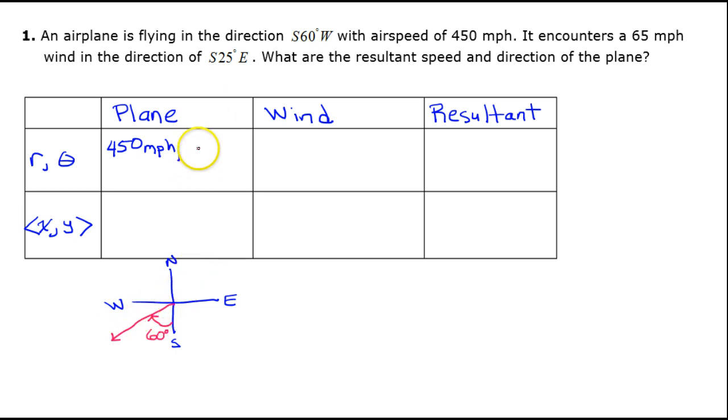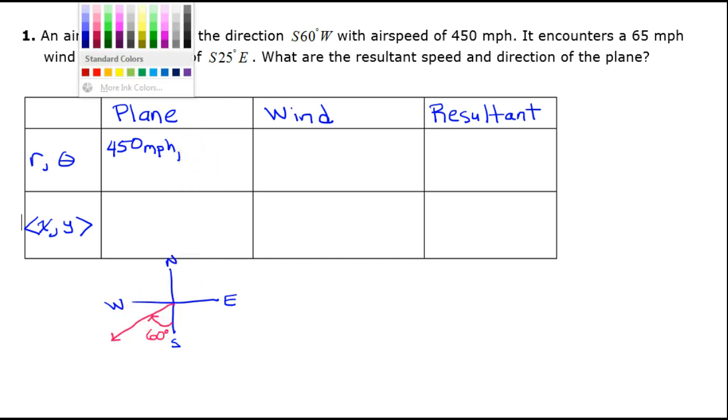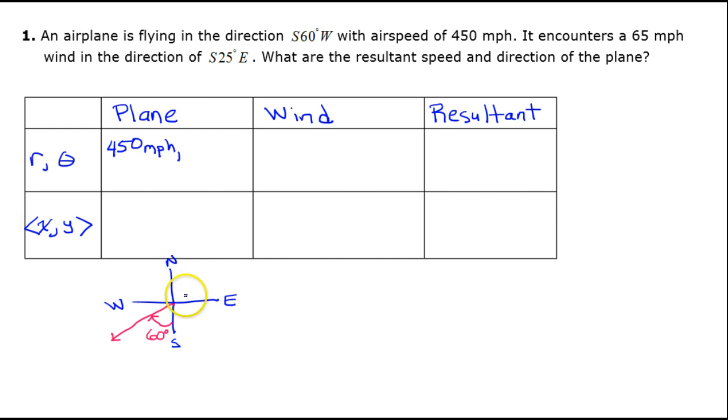Okay, so on the chart, however, what we need is the direction as measured from the positive x-axis, measured counterclockwise from east. So for the chart, we need to record this direction. Okay, so how will we do that? It would be helpful if we had the reference angle right here between west and the vector.